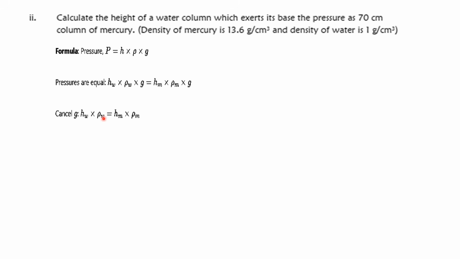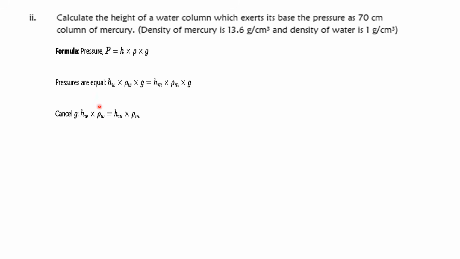You have the height of the water multiplied by the density of the water equal to the height of the mercury multiplied by the density of the mercury. We have cancelled out the g, which appears on both sides, so we have this one remaining.